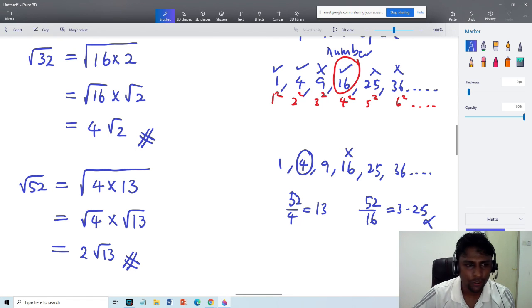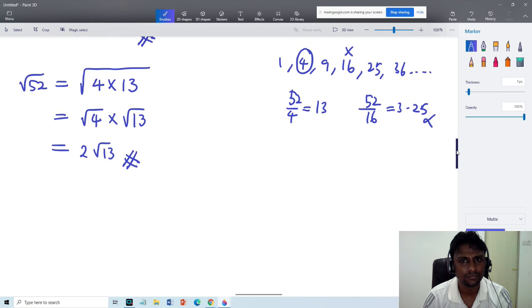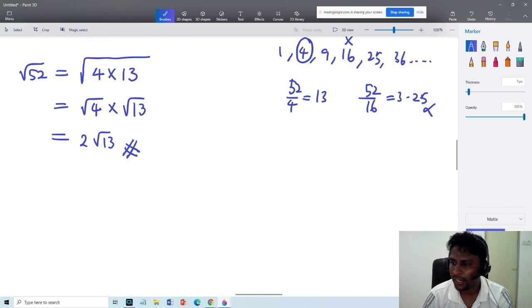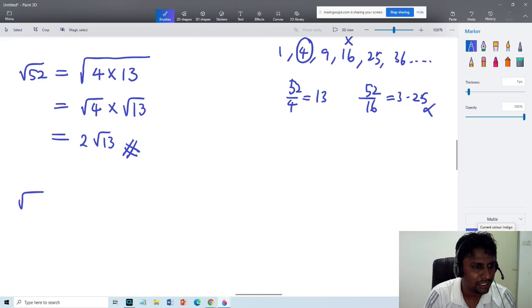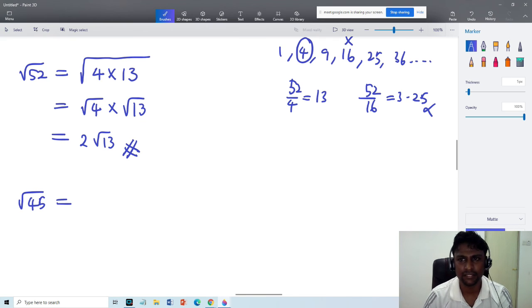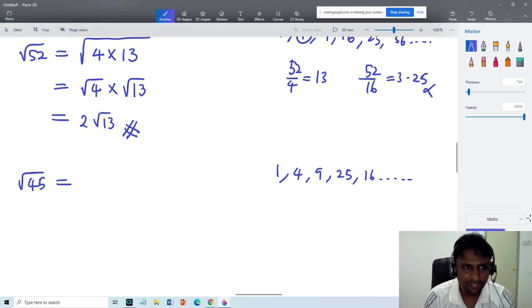Okay, we try one more. Another question: the square root of 45. Try this. Definitely this is an odd number, so it won't work for 4.